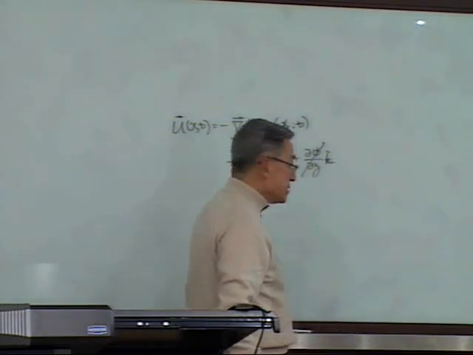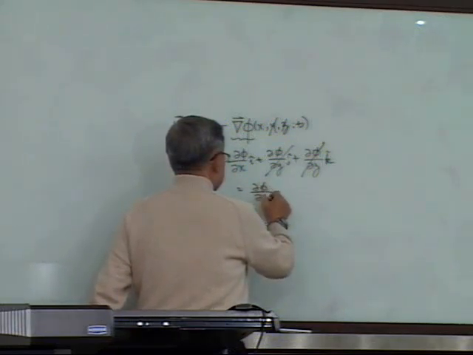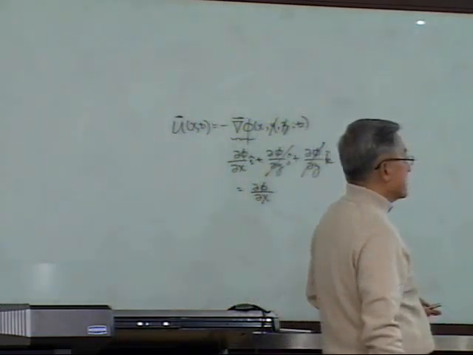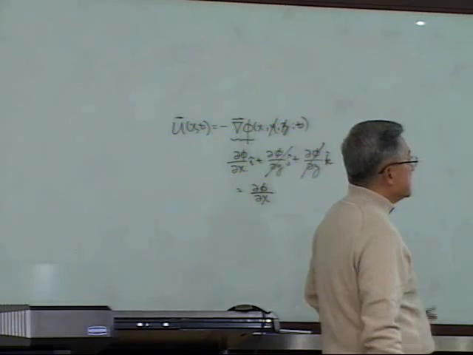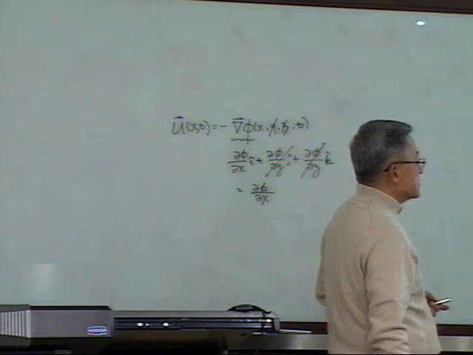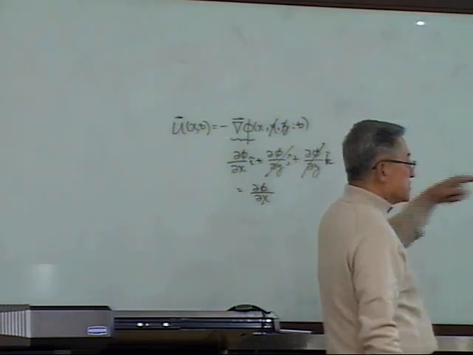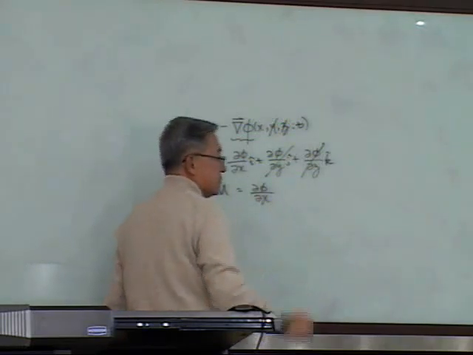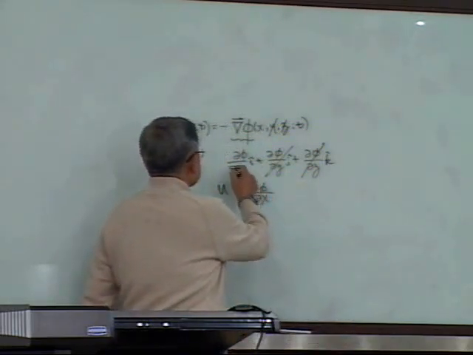So this becomes simply del phi over del x. We know it's in the x direction. If you simply drop the vector notation, u is equal to del phi over del x.